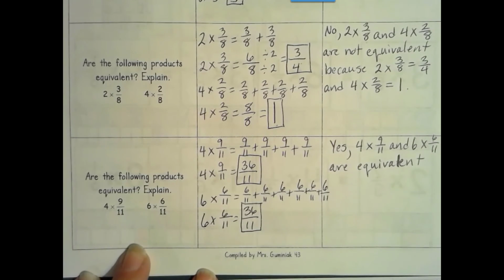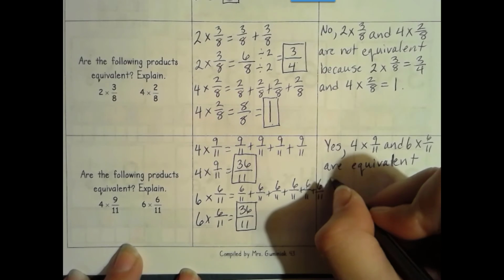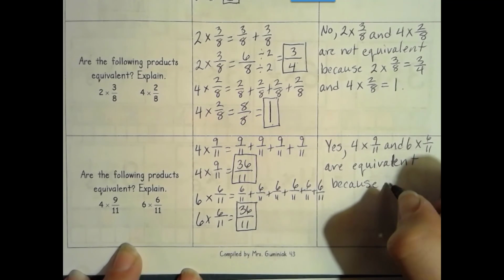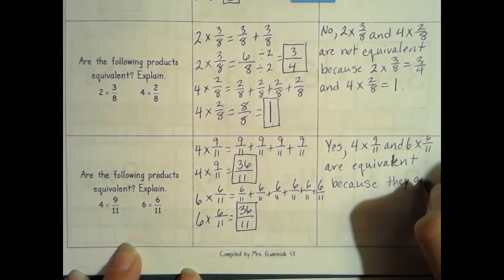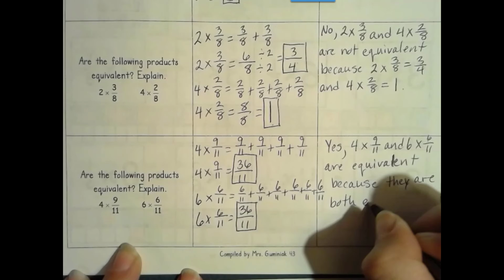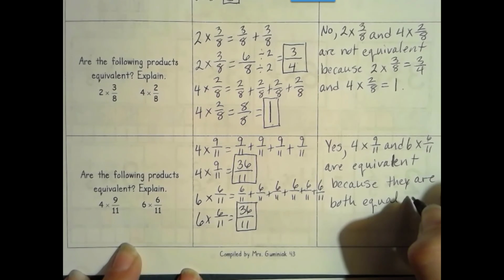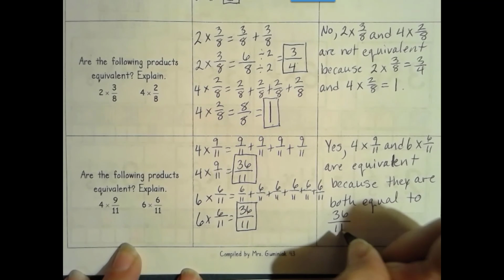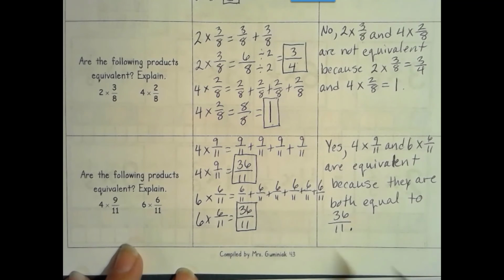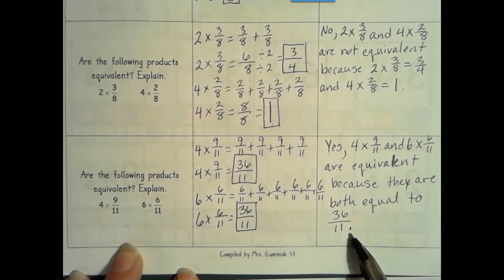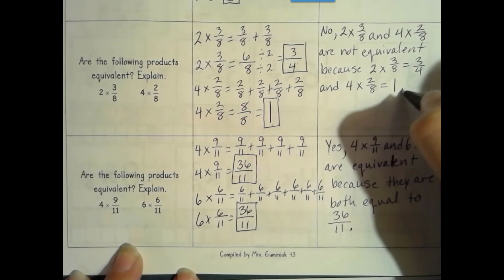Now our evidence, because they are both equal to 36/11. And then here's our reasoning. Now we answered in complete sentences. Make sure you capitalize the beginning and you have punctuation at the end on all of them.